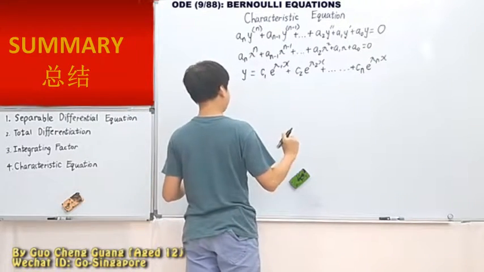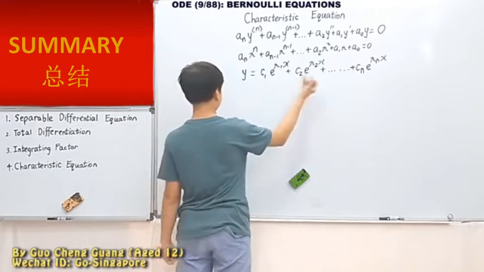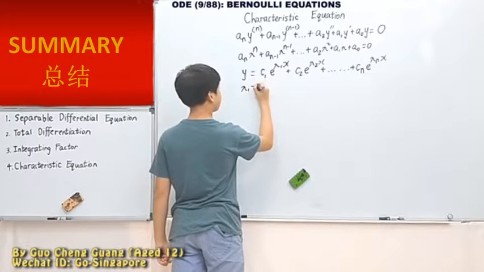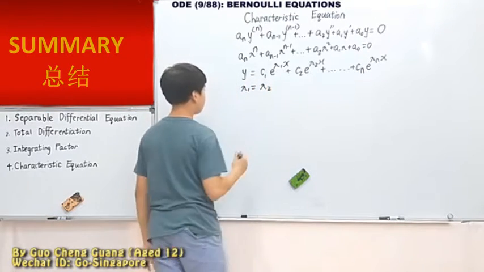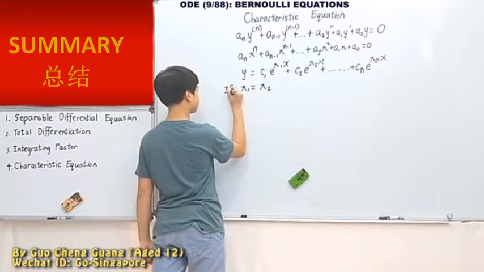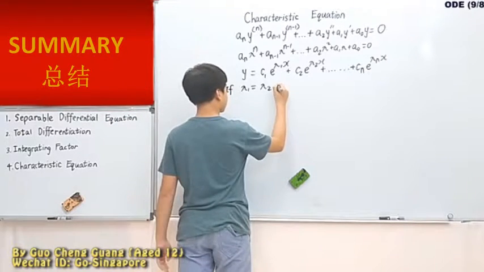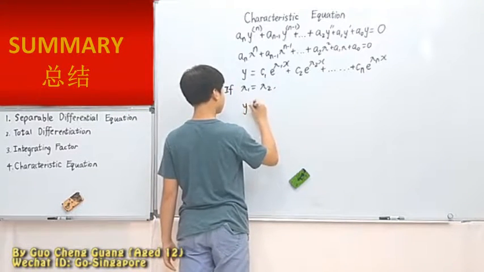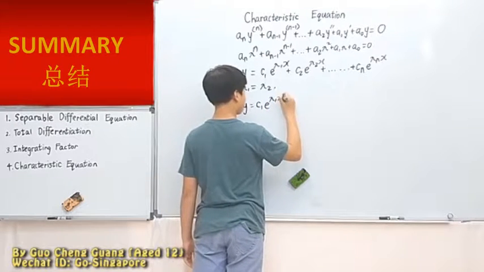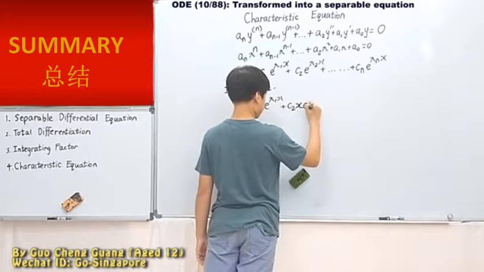But what if two of them are the same? For example, these first two. What if lambda 1 is equal to lambda 2? According to all those examples that we have done, in all those examples, we wrote with this x.